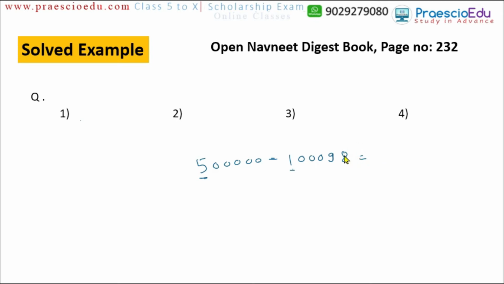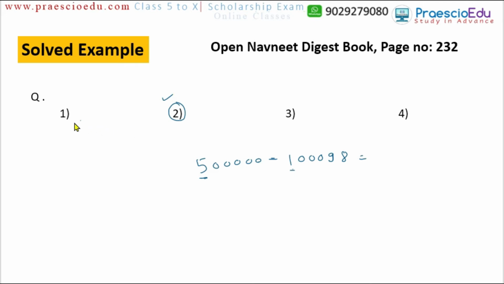If an option below 4 lakh is given, we can directly submit that option as the correct answer. This is a very quick way of giving the answer. So option number 2, which is just below 4 lakhs, is the correct one.